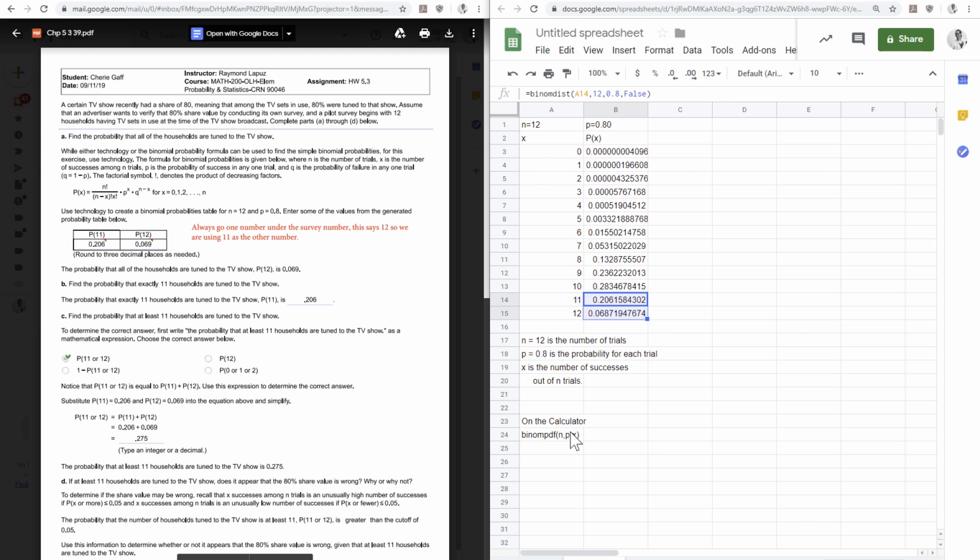So in that case you probably want to do a cumulative distribution. Let's first add these two numbers to see what we actually get. I'll do the addition in Excel, and the answer looks like it's going to be 0.2748. That's 0.275 is the answer that you got.